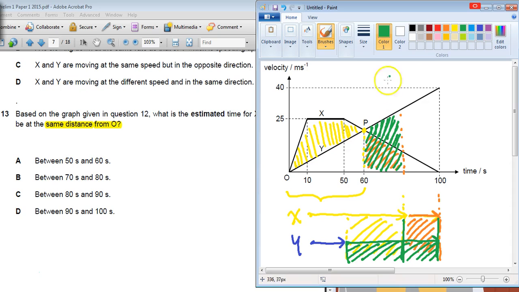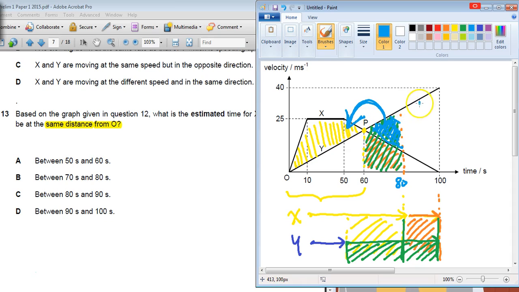What matters is that this blue area has to be as big as this yellow area. And you can see that between 60 and 80, the blue area cannot grow fast enough to cover this yellow. It doesn't really look like the blue equals the yellow.